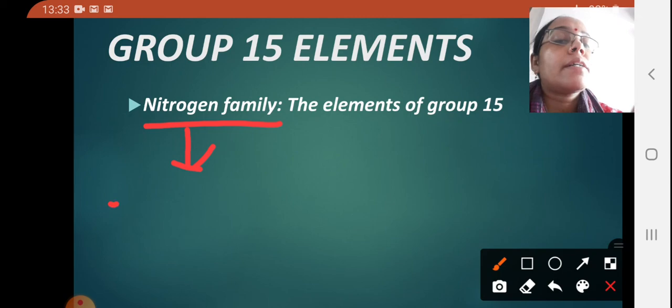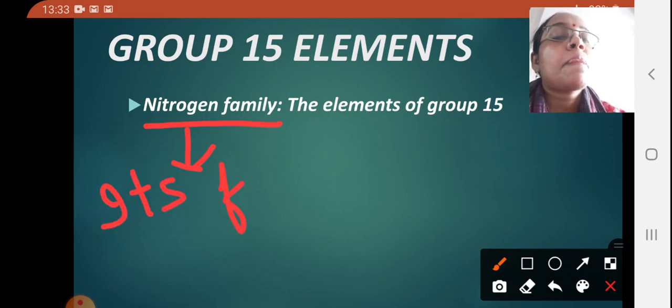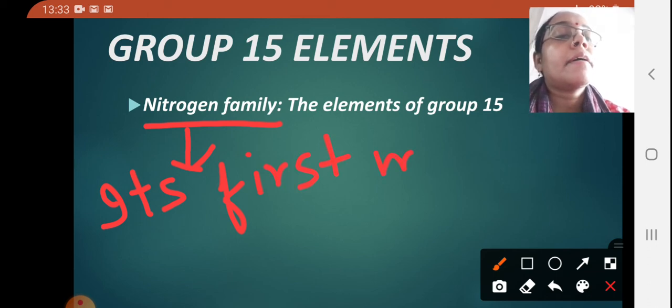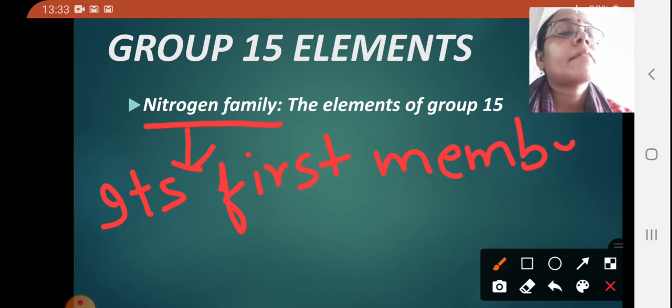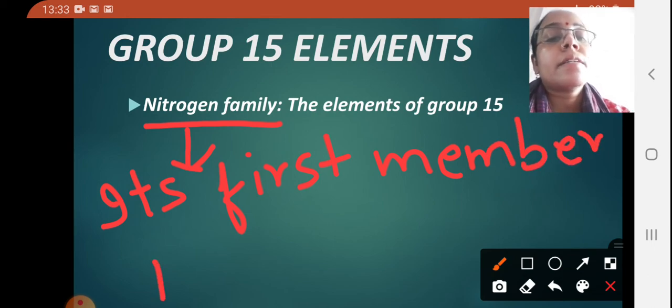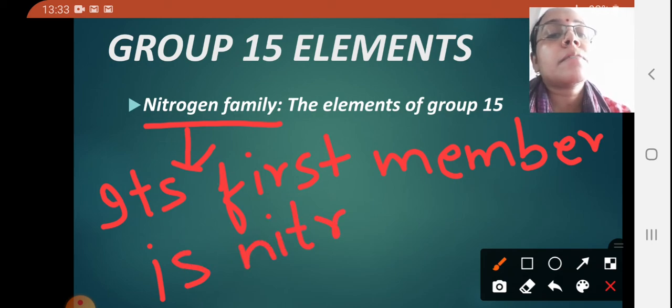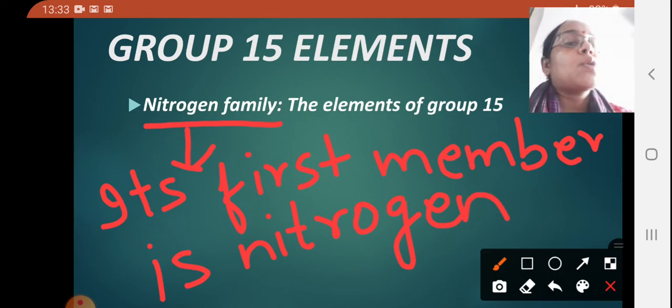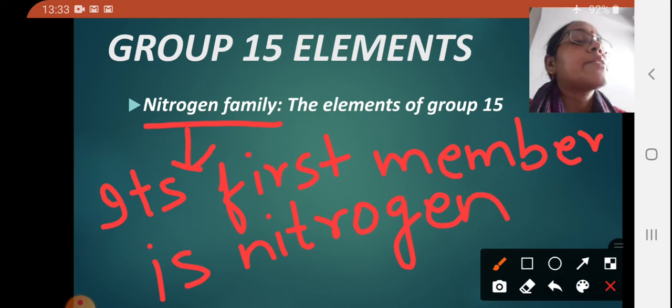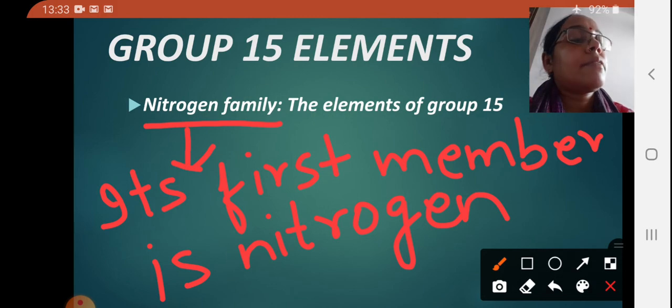Because its first member is nitrogen. Okay, its first member is nitrogen, and that is why this group 15 is also known as nitrogen family.